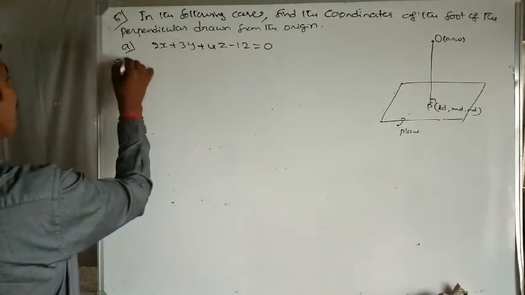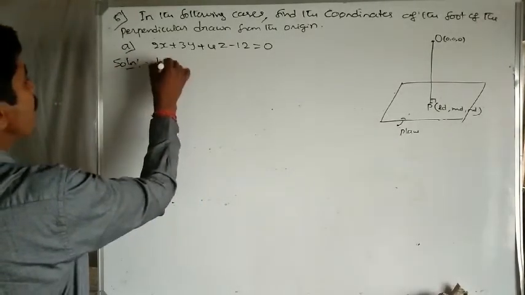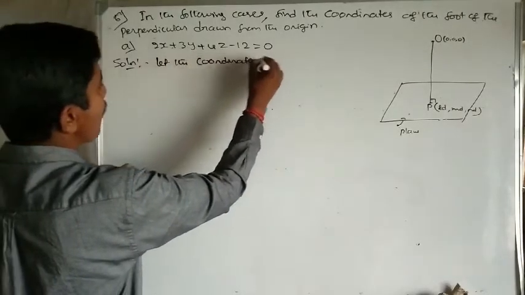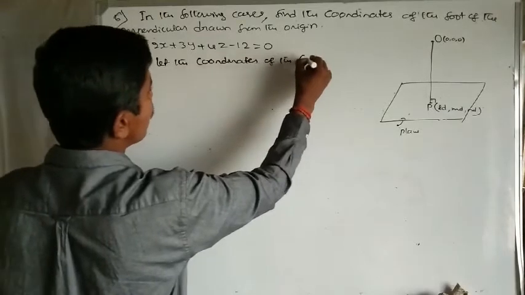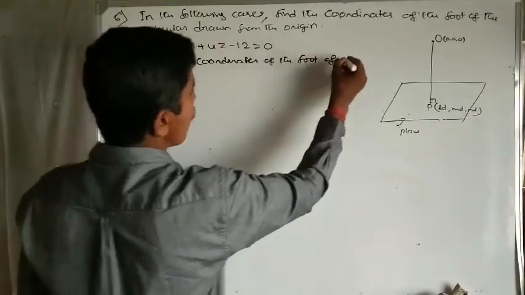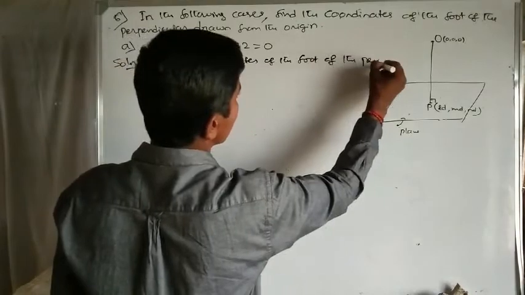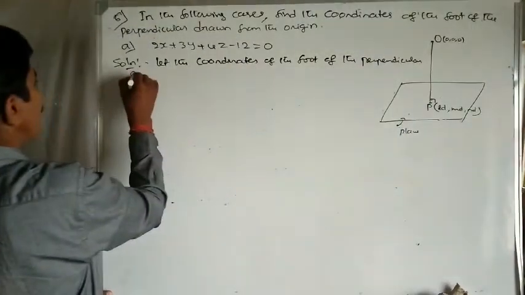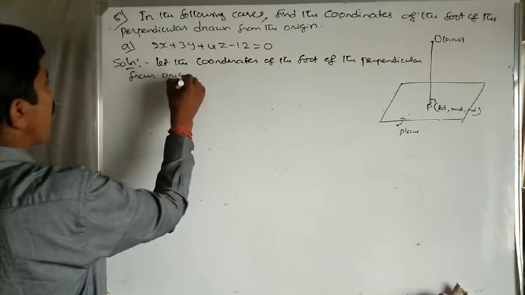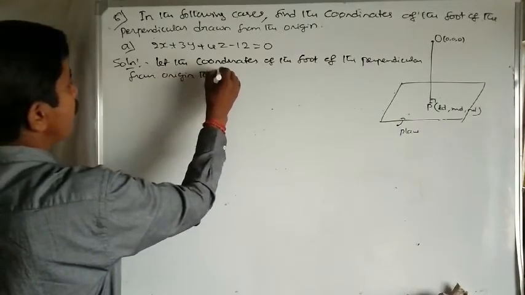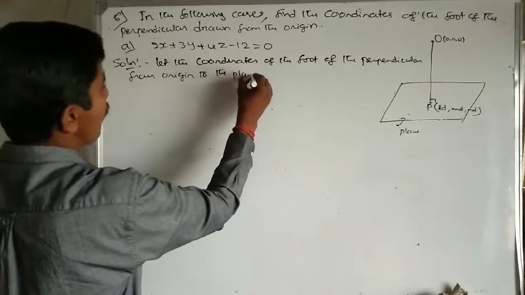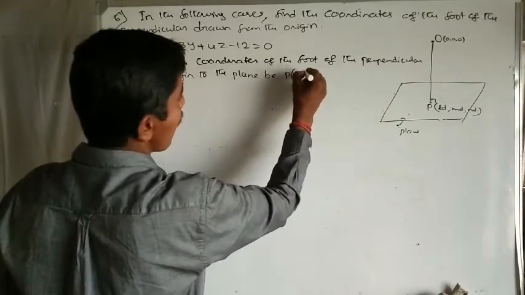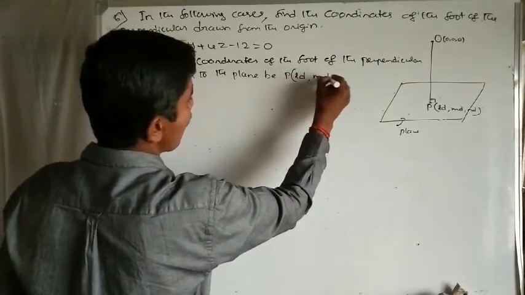Easy method here. Let the coordinates of the foot of the perpendicular from the origin to the plane be the point P, with coordinates lD, mD, nD.